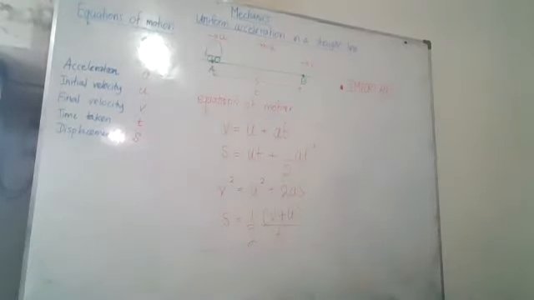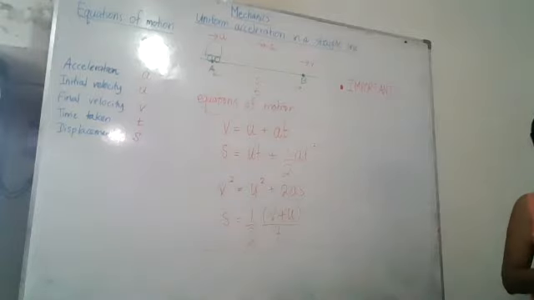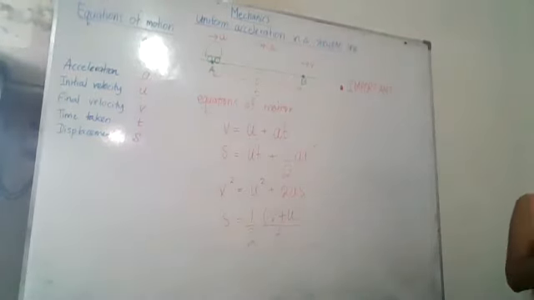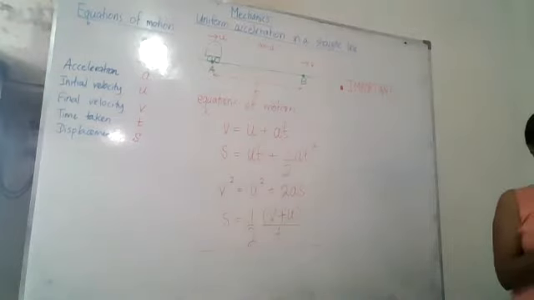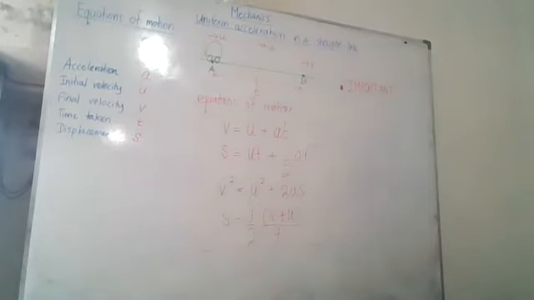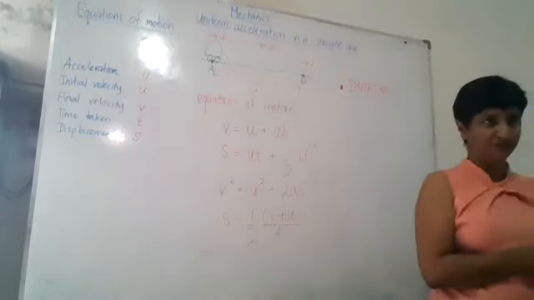You can only apply equations of motion if, that is a condition, the acceleration is constant. If you have a changing acceleration, if the acceleration is also changing, now you know accelerating means velocity is changing.